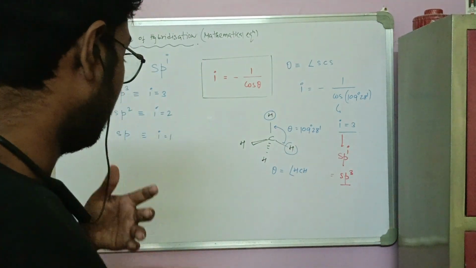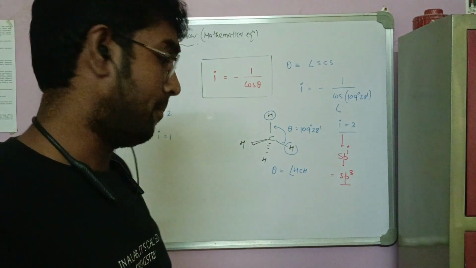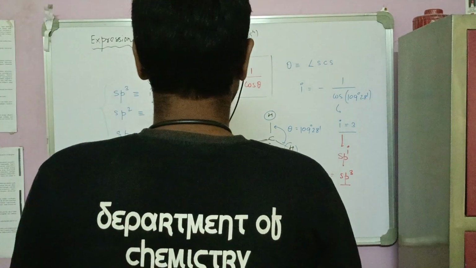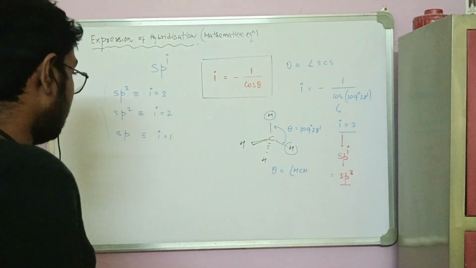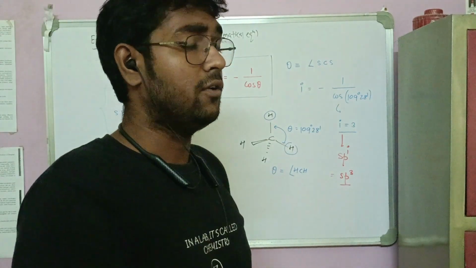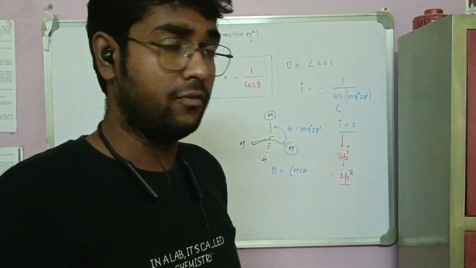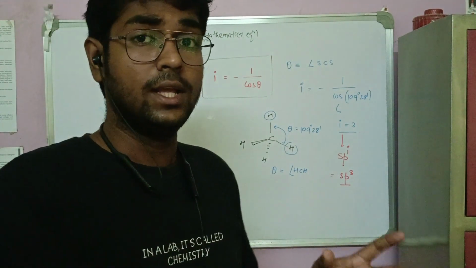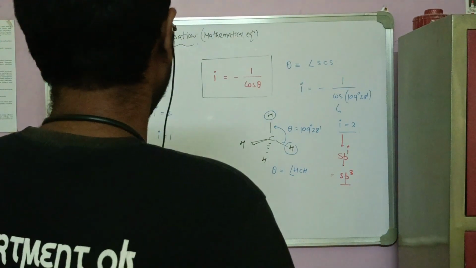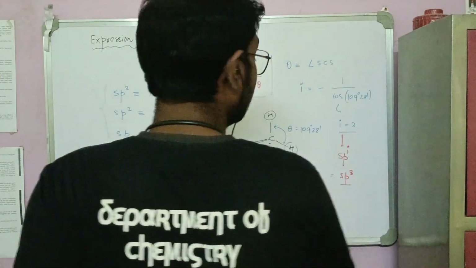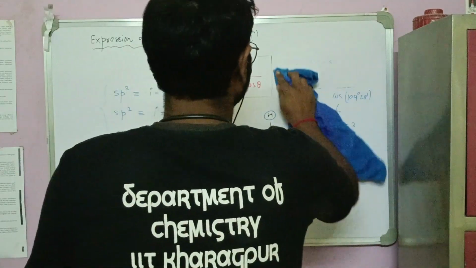Then they told that the hybridization is sp^i. It is not possible to have an idea of all the molecules in the universe to get the hybridization. That is why we have the concept of steric number, and we will discuss it later on.